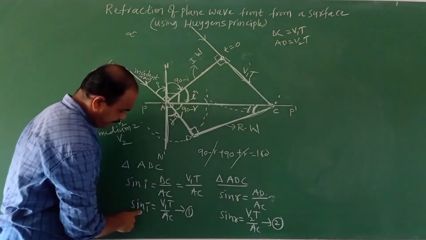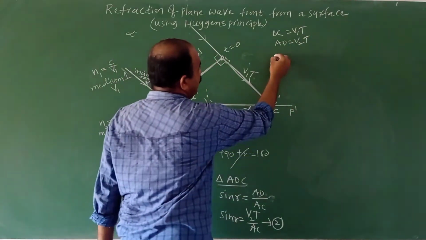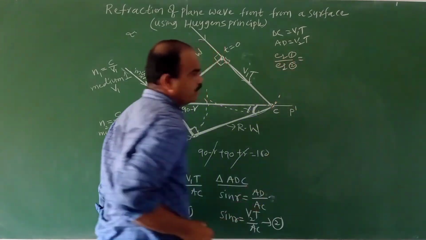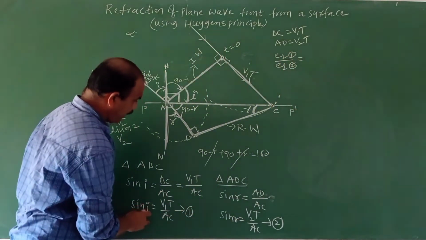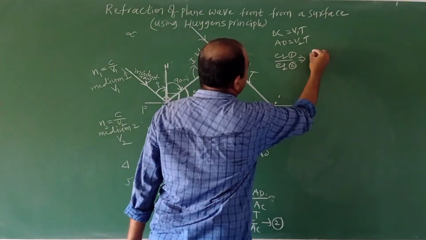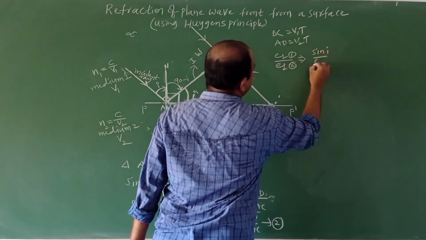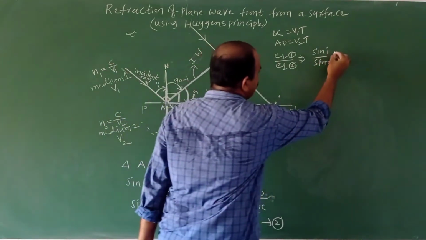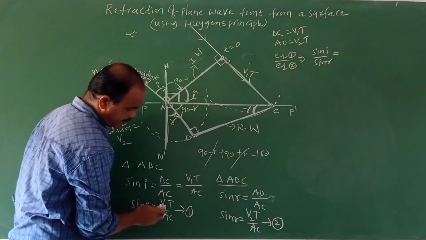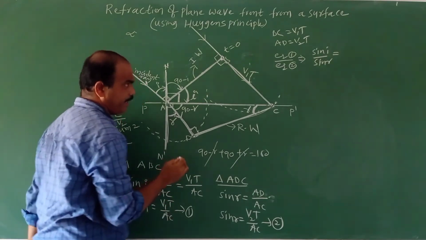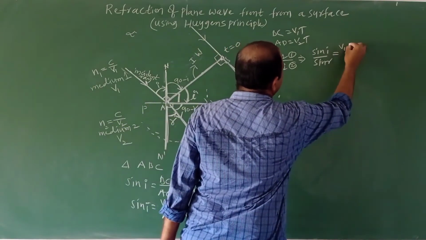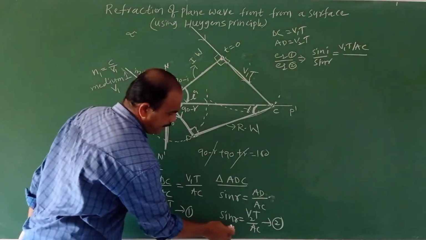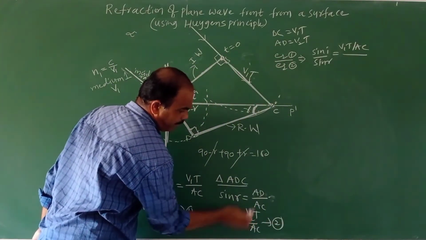So when I divide equation 1 by equation 2, what do you get? Sine i by sine r equals, what is sine i? Sine i is v1t by AC, divided by sine r, which is v2t by AC.